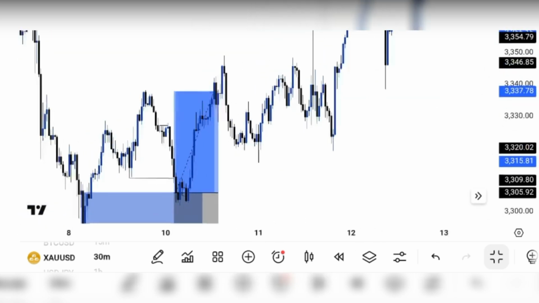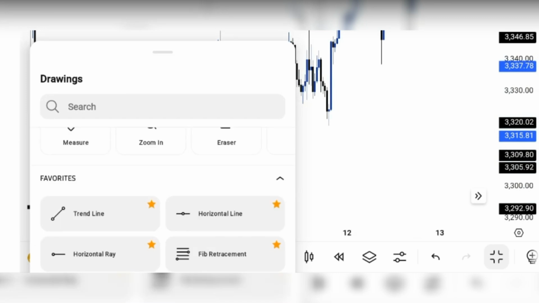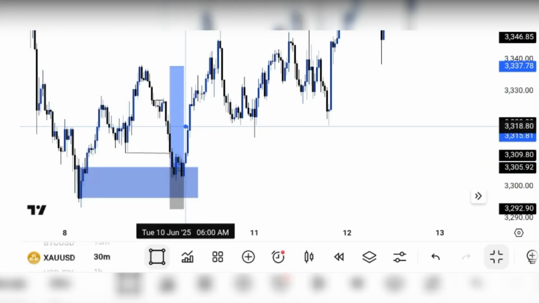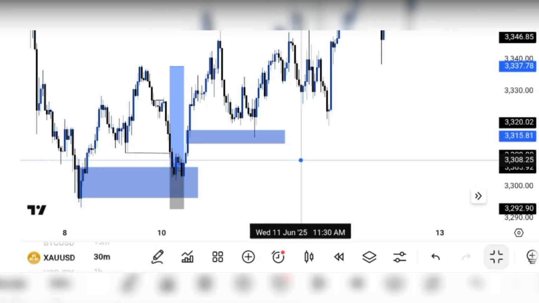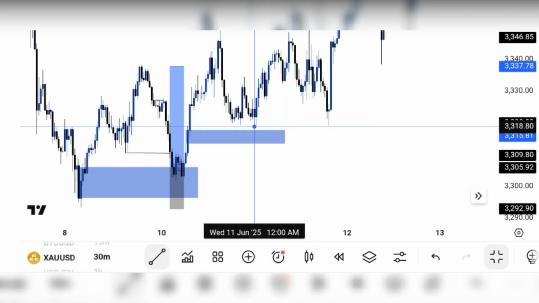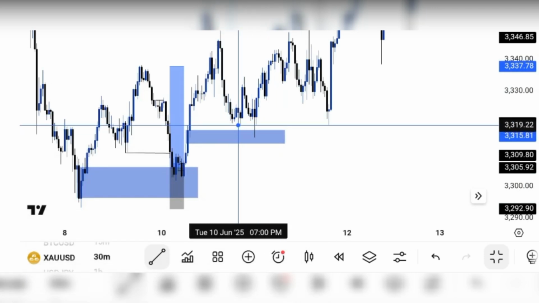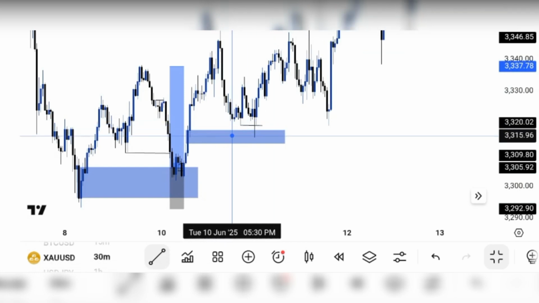If you open your eyes very well, let me shift this one. Let me pick the whole area. Right here we have a fair value gap. After the fair value gap, what can you see? You can see that there is liquidity right here above your fair value gap.